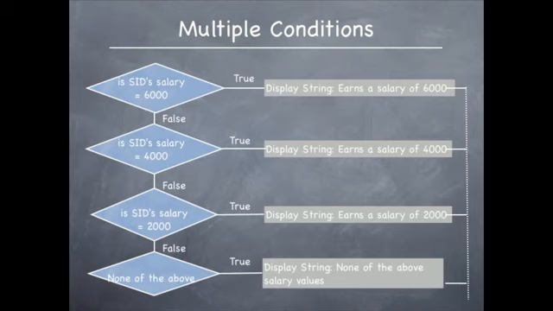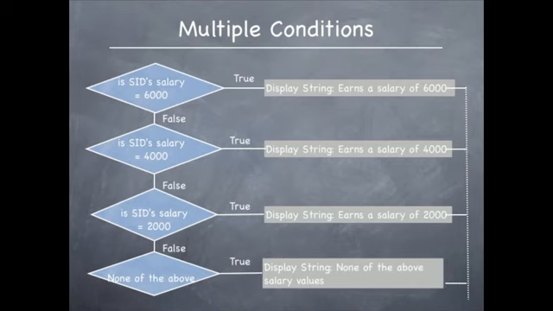If the answer is no, the salary is not 6,000, the condition is false, we can proceed to perform the next check, which is to see if Sid's salary is equal to 4,000. For this condition also, the outcome can be true or false. If it is true, you want to display the string earns a salary of 4,000.